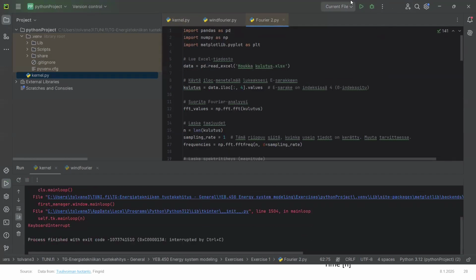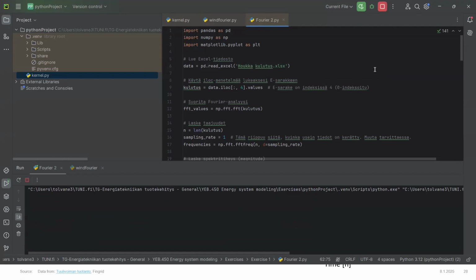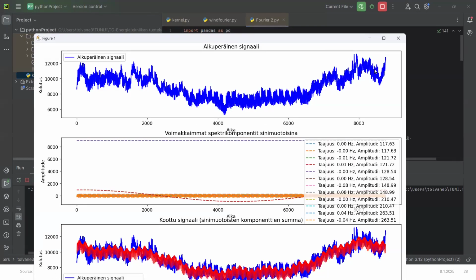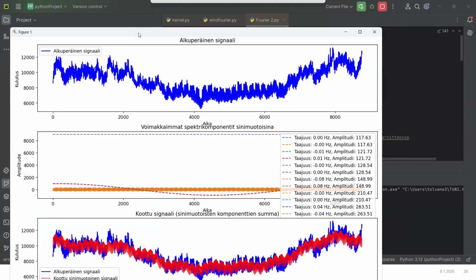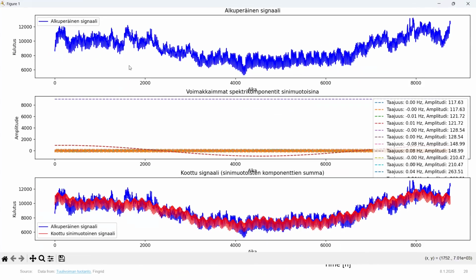So what I can do with, again, Python. So I have this Fourier analysis in here. And again, I haven't coded a single line. I just prompted it. What I asked it was to put this frequency analysis, Fourier spectral analysis, on this Finnish electricity consumption time series.